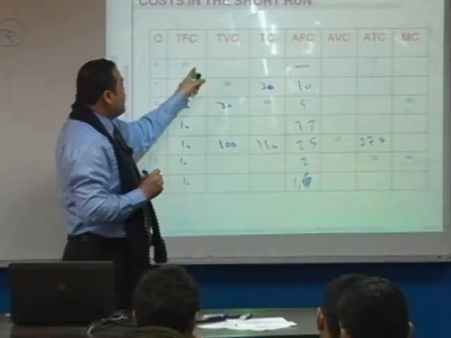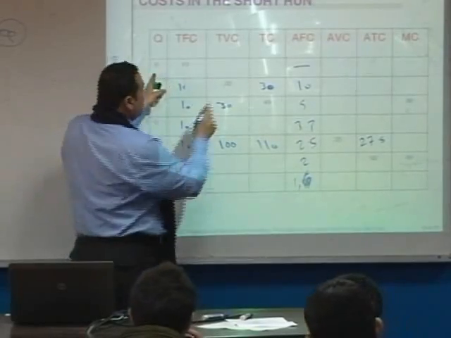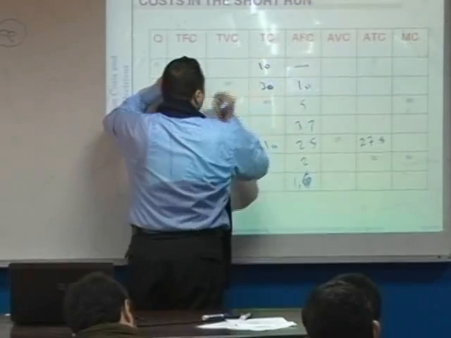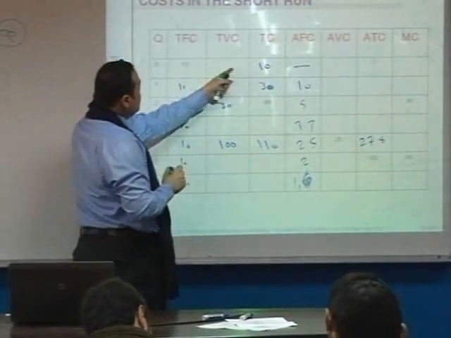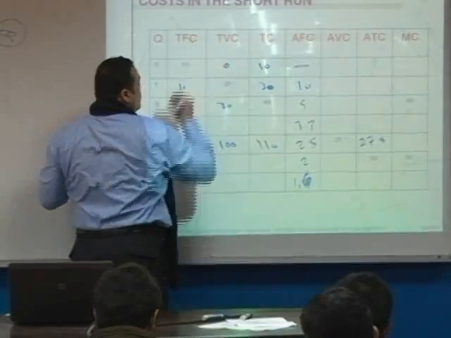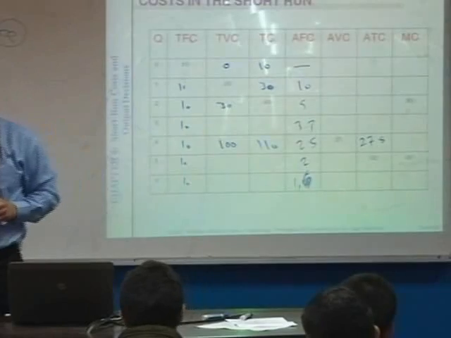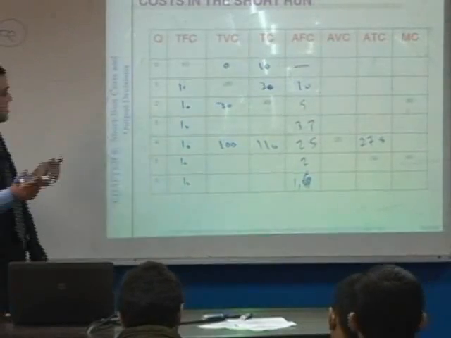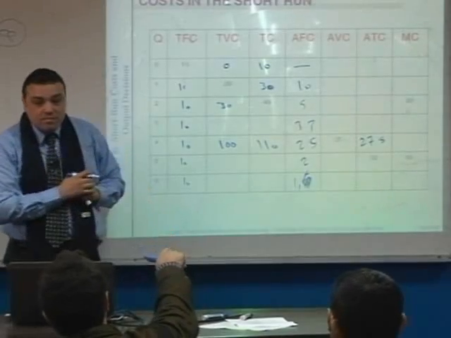TC equals TFC when the production equals 0. So TC equals TFC when our production equals 0. So in this case, TVC equals 0 for sure. When our output equals 0, the total variable cost equals 0. What else? ATC 32. Yes.